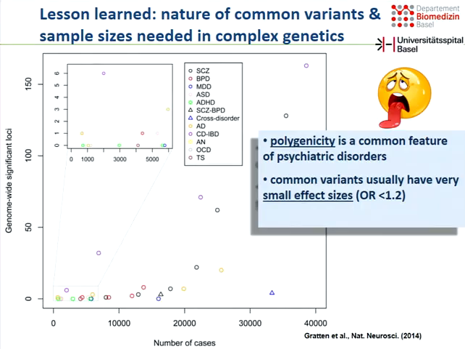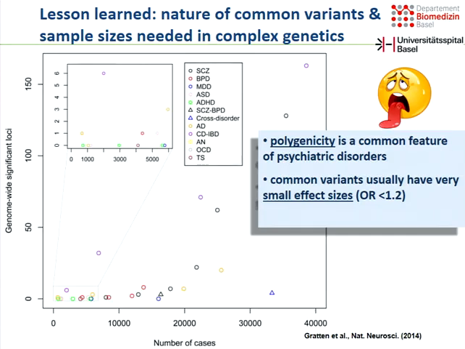We always thought these are oligogenic diseases where we have dozens of common risk variants that contribute to the disease. And obviously these are hundreds, if not thousands, of risk variants that contribute. So there is a high degree of what we call polygenicity. And then the common variants usually have very small effects.